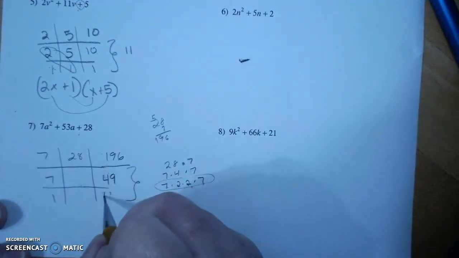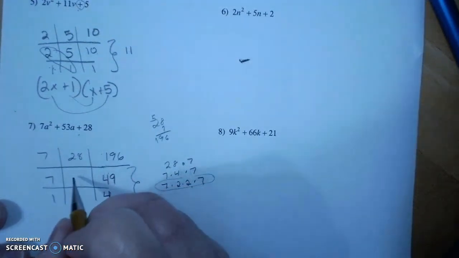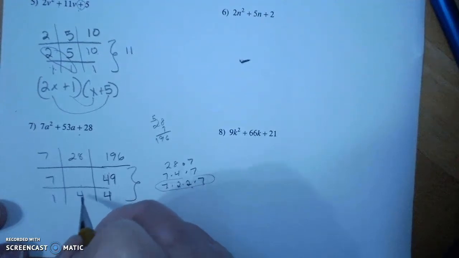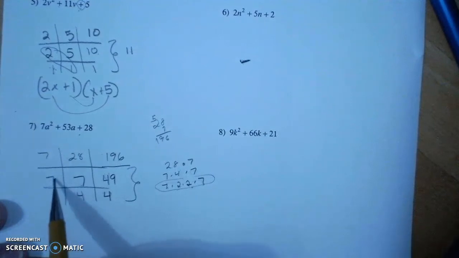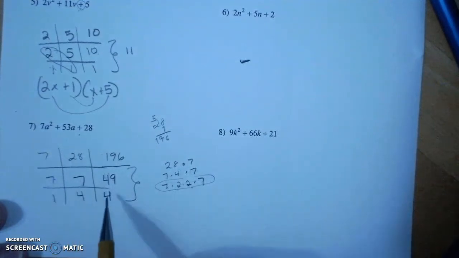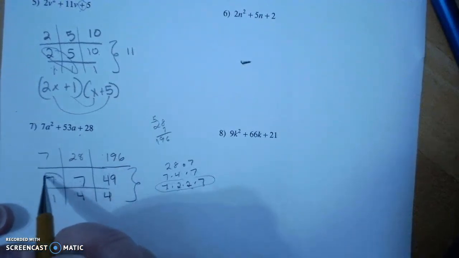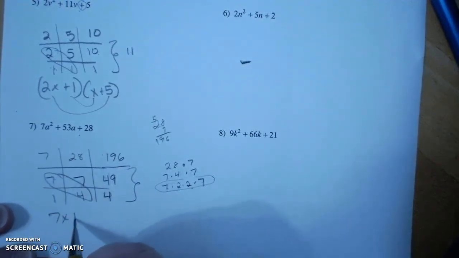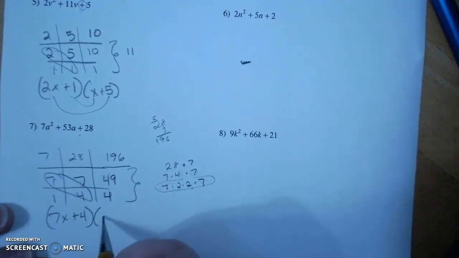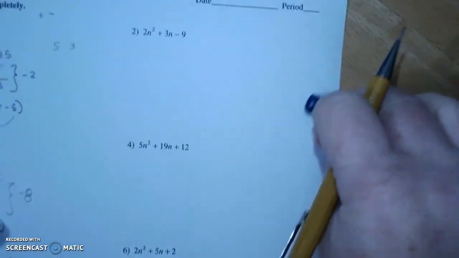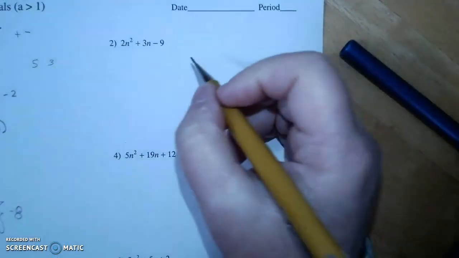There's a 49 and a 4. There's a 7. There we go. So 7 times 7 is 49. 1 times 4 is 4. 49 times 4 is 196. So it is 7x plus 4 and x plus 7. Some of these get pretty hard.